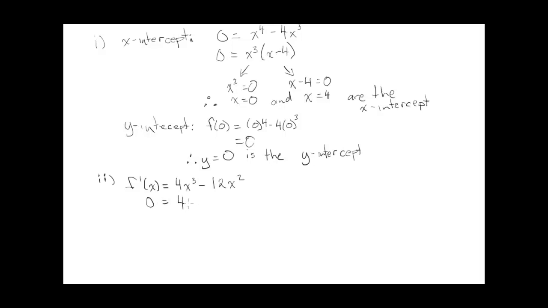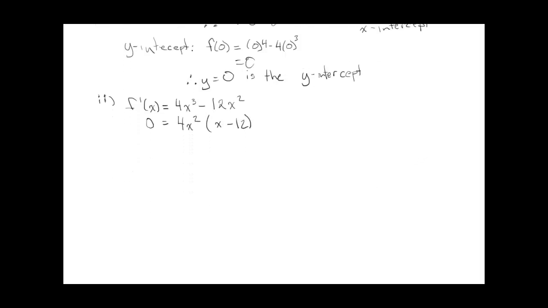So a factor of 4x squared, and have x minus 12. So 4x squared is equal to 0, which means x equals 0, or x minus 12 equals 0, which means x is equal to 12.